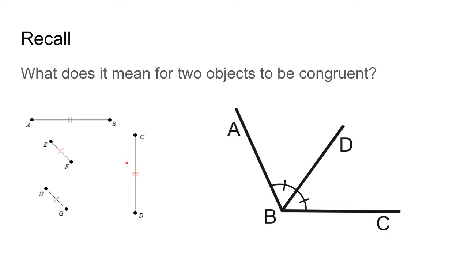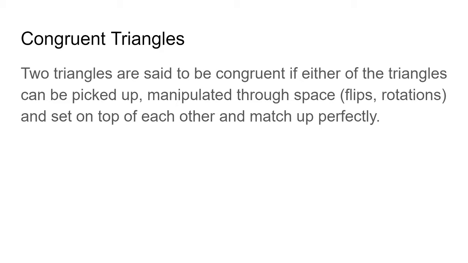Now we're going to talk about triangles. What does it mean when two triangles are congruent? I'm sure you know this one already, but if you don't, give yourself a second to figure it out. Two triangles are said to be congruent if either triangle can be picked up, manipulated through space by flips or rotations, and set back on top of the other, and they match up perfectly.